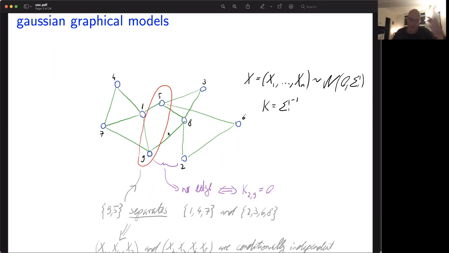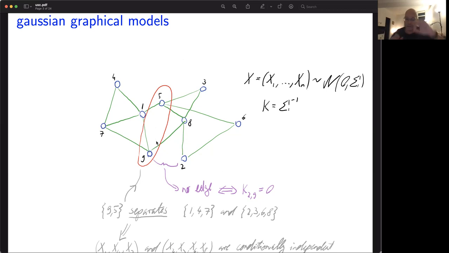There are also other very nice properties. For example, if we have a set of vertices, for example 5 and 9, that separate two sets of vertices, so for example 5 and 9 separates 1, 4, 7 from 3, 6, 2, and 8. What this means is that every path going from any vertex in the first set to any vertex in the second set must go through one of these.